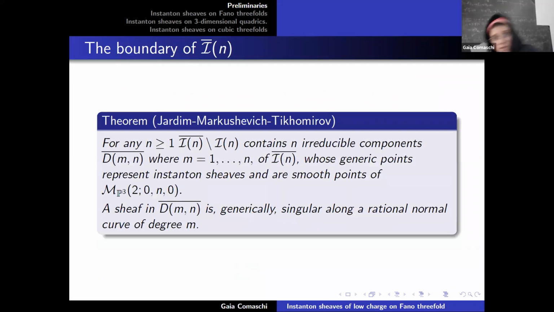It's exactly in this boundary that we can understand the importance of instanton sheaves. It was indeed proved by Jardim, Markushevich, and Tikhomirov the following: for any n bigger than or equal to 1, in this boundary we find n irreducible components.